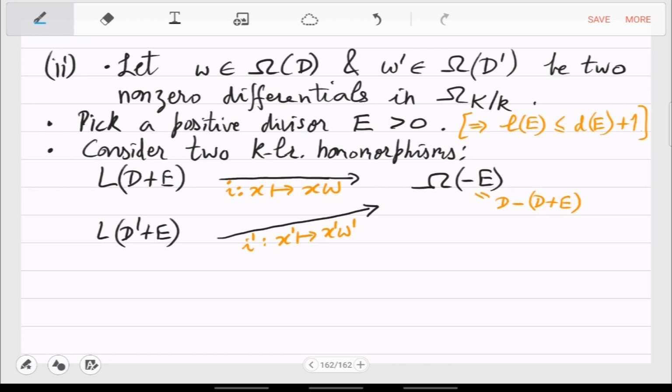So the first property is that I and I prime are injective. Why? Well, what will happen if x omega is equal to the 0 map? If x omega goes to the 0 map, so it is annihilating every adele, then it means that omega itself must have been annihilating every adele. Because x is just a function.